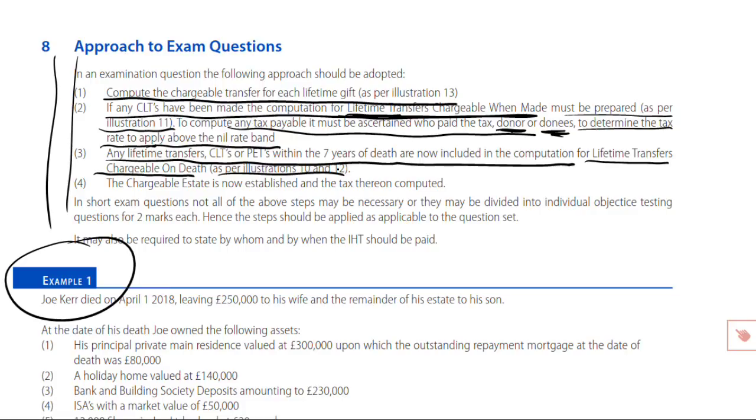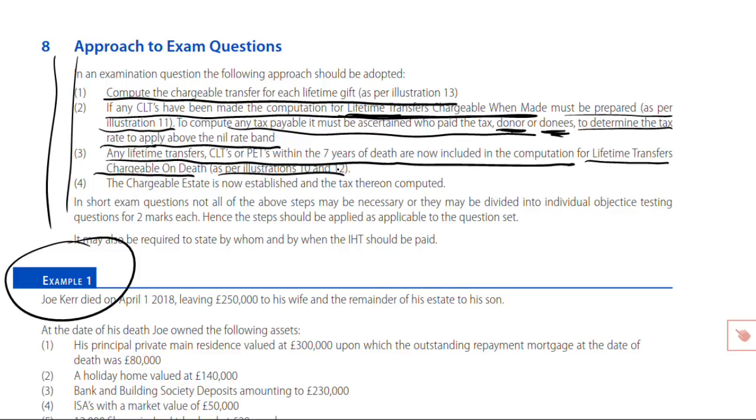We bring in, on a chronological basis, going back 7 years from the date of death, and then start to work forward from the earliest transfer onwards, whether PET or CLT. Once we have used up any available nil rate band, then tax becomes payable at 40% on death.